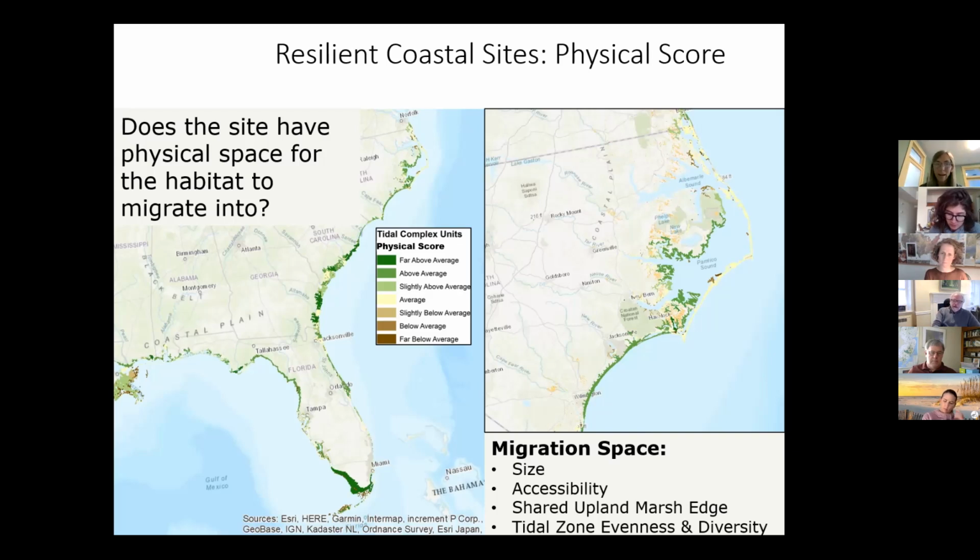And so for a site to have a high score, it needs to demonstrate that there is a pathway for migration space, and migration space was scored based on the size of that space, the accessibility of it, as in the fact that it's low lying and that it can accommodate that movement, that it doesn't have developed or hardened edges that are going to hinder movement, the amount of shared marsh edge, so literally linear feet of shared edge, and then the diversity of the tidal complexes within it.